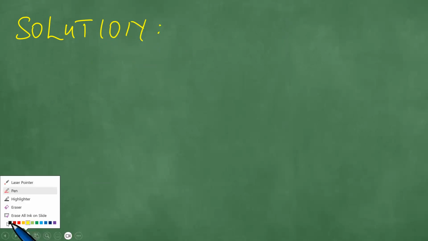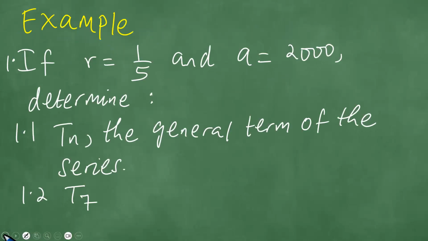Right, so the couple of things that are very key here. For example, if the constant ratio is 1/5 and the first term is 2000, determine the general term. Where do we start? What is the answer? I'm giving you like 2 minutes to try 1.1, Ayanda.